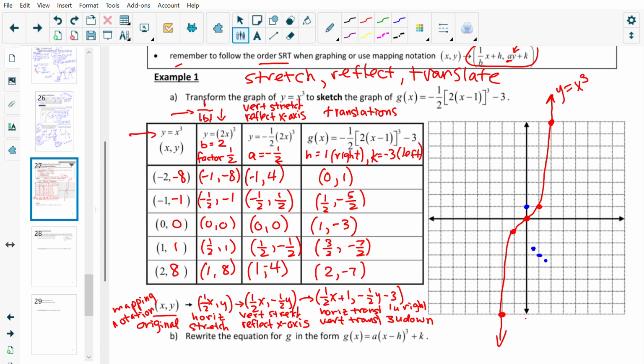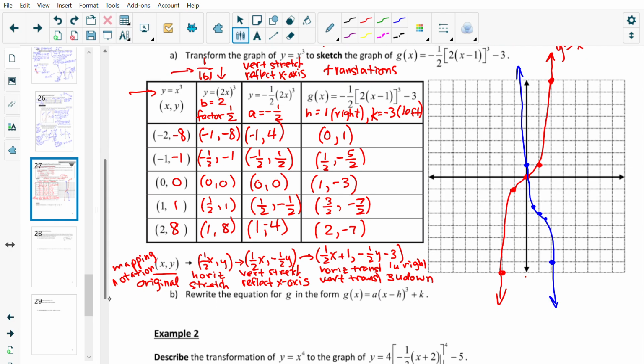And then I have 2, negative 7 right about there. So this one's going to look something like this. Nice smooth curve, and all the way down.